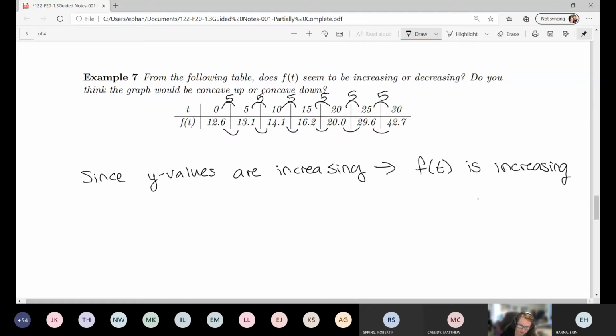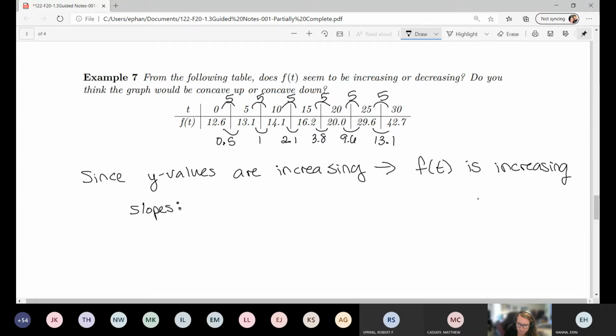And then the f of t values, well, the first one increases by 0.5. And then the second to third one increases by 1, and then 2.1, and then 3.8, and then 9.6, and then 13.1. Okay. And technically what I want to look at here are the slopes, which I can't spell. That's not how you spell slope.